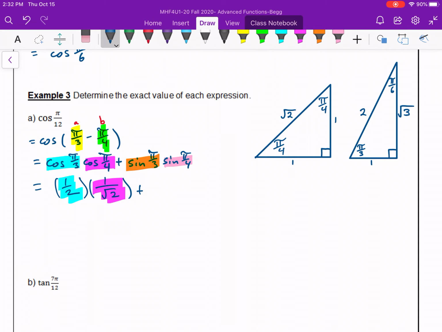Plus sine of pi over 3. Pi over 3 is back over here, but sine now is opposite over hypotenuse, so it's root 3 over 2. And then pi over 4 again. And I'm doing sine, so it's 1 over root 2 again.